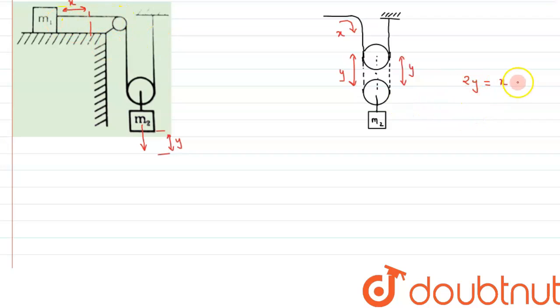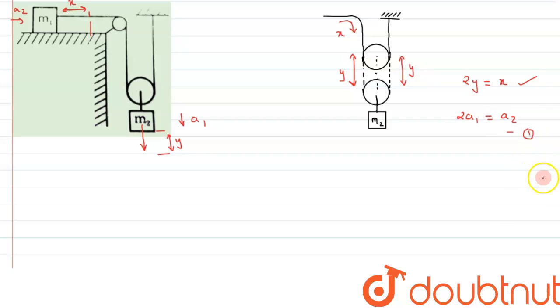From this relation we can get the relation of acceleration. Let's suppose M2 is accelerating with A1 and M1 is accelerating with A2. If we differentiate it twice, we can write 2A1 is equal to A2. This is the important relation which we have derived.